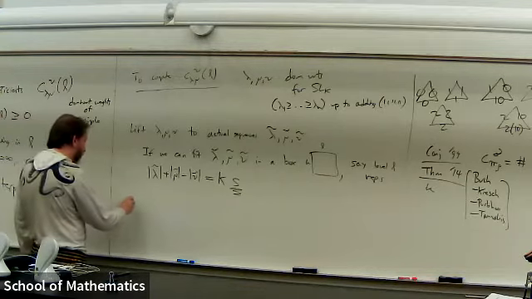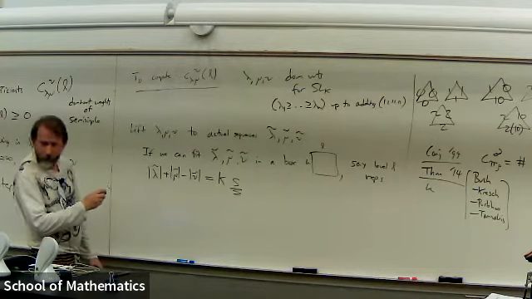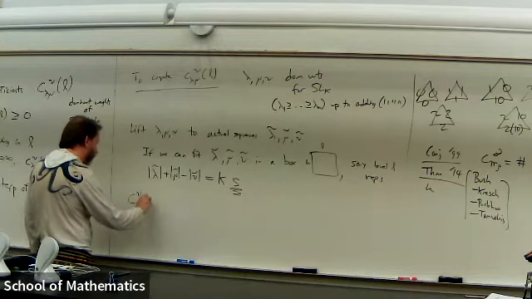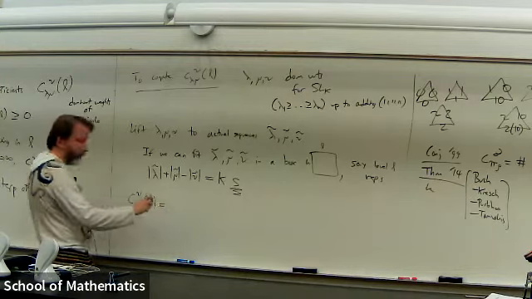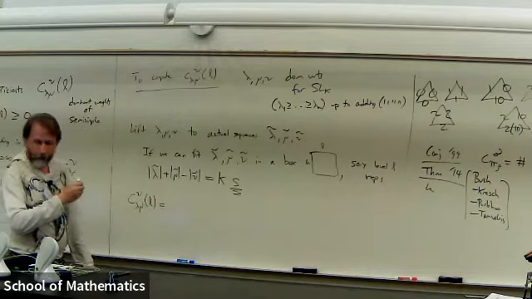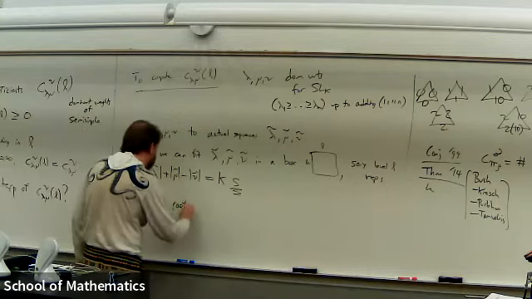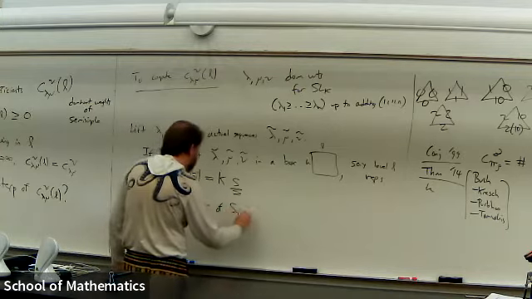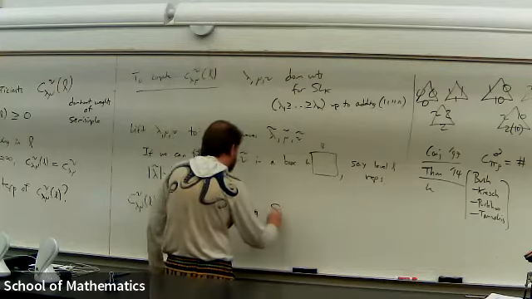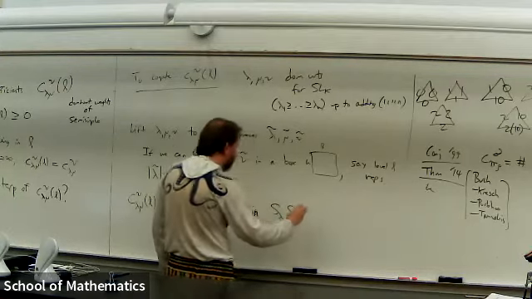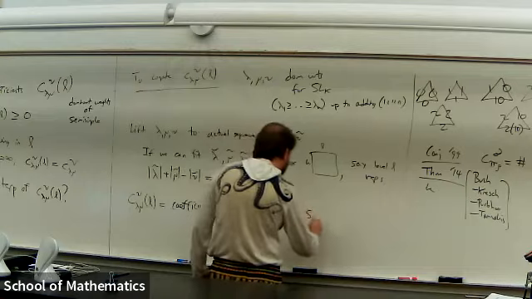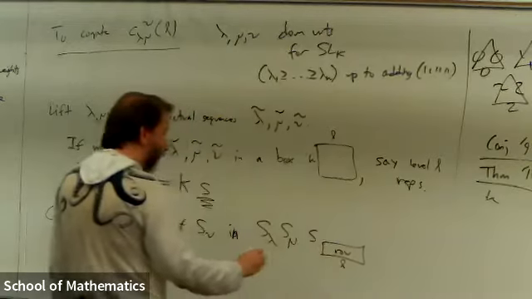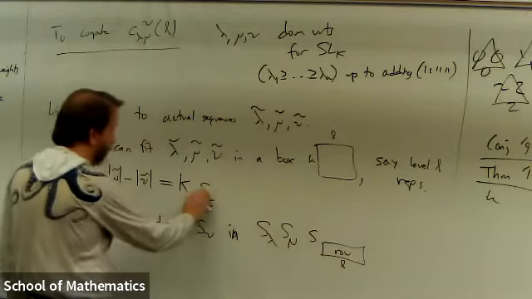And now C lambda mu nu at L is the coefficient. So there's going to be two parts of this definition. It's the coefficient of S nu in S lambda times S mu times S, an entire row of width L, raised to the, this is a bad choice.